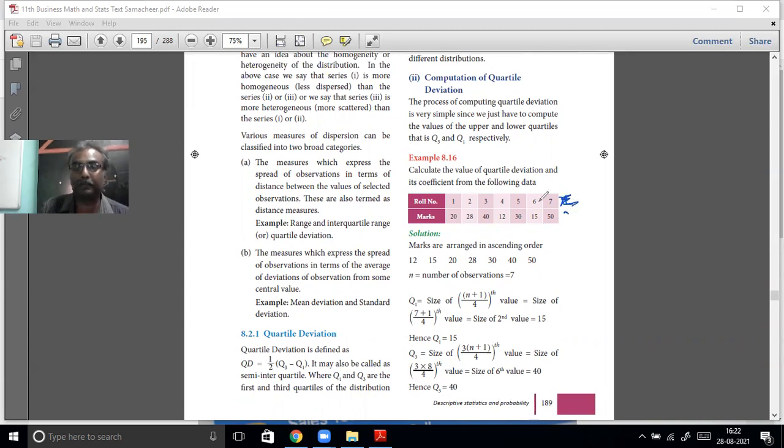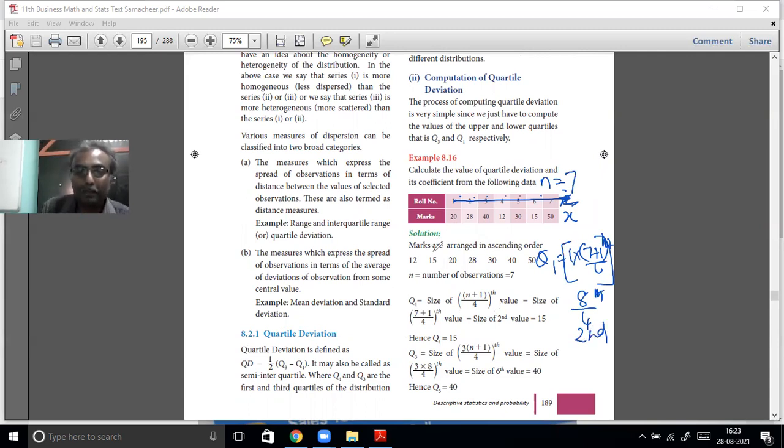This only is X. The serial numbers are not needed at all. N is equal to 7, and that's all you need. Now, what is Q1? Q1 is equal to (1 into 7 plus 1) by 4th value. Remember, we saw that the first time. So 8 by 4th value, that is equal to the second value.